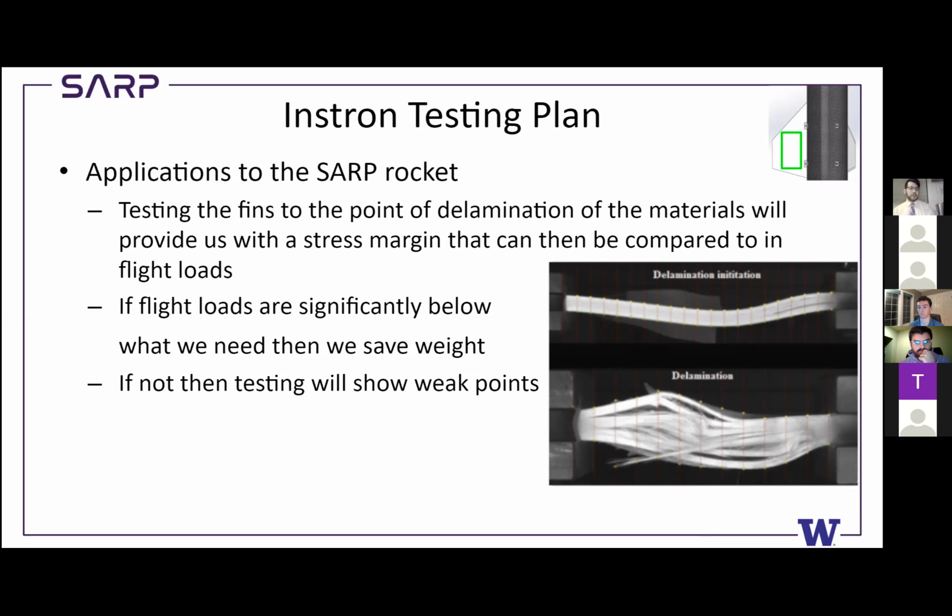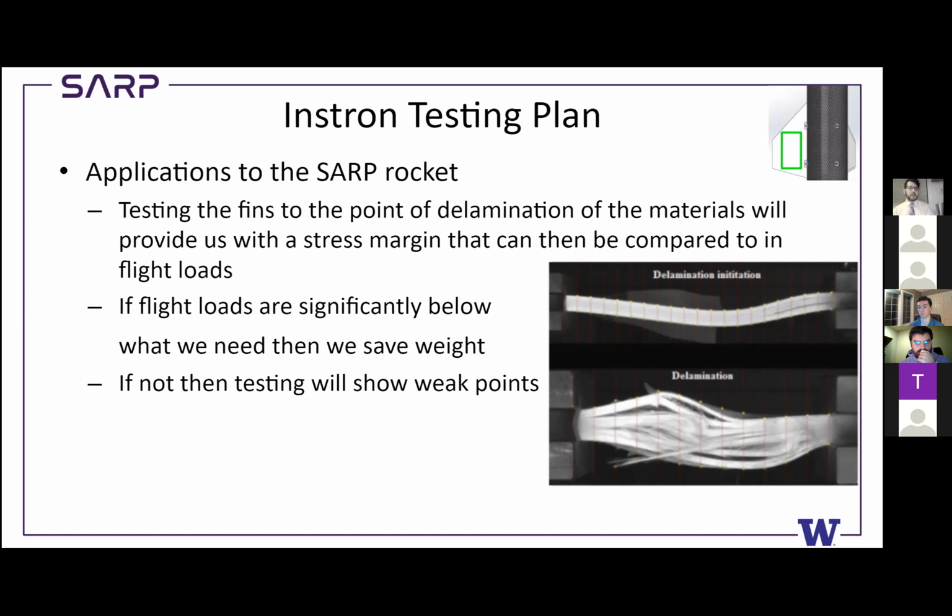So generally, those are tested in a high-speed wind tunnel, which we don't have access to on campus. So the next best thing would be to incorporate accelerometers into one or more of our fins, so that when our rockets go up, we can basically model how our fins are oscillating alongside our speed, and that way, if there is a failure, we know exactly at what speed it fails, and we can design around that.